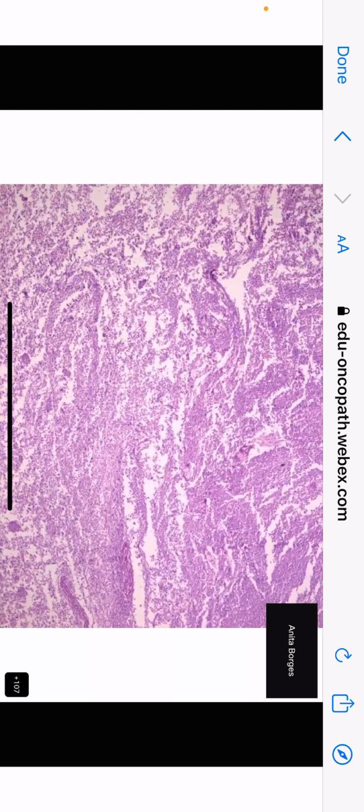What is this you're seeing over here now, Limpy? Is it similar to the earlier one? Here we can see extensive areas of necrosis only. Extensive areas of necrosis, yes, very good. It's just faceless necrotic tissue.